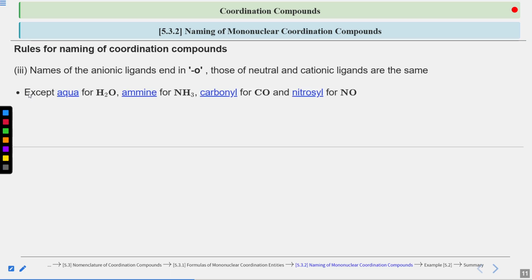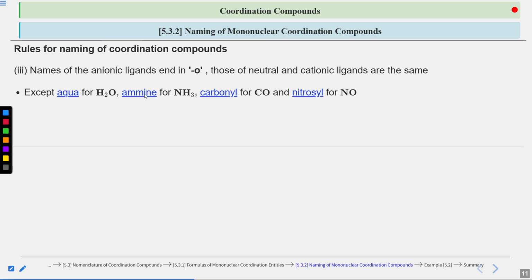There are some exceptions in this case, such as aqua for the water molecule. If the ligand is a water molecule, which is a neutral molecule, you can't write it as water or aqueous. You have to write it as aqua. So these ligands have their particular names, like water has aqua. You can only use aqua for a water molecule in coordination compound naming.